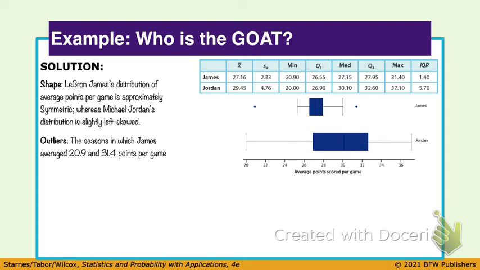All right, what about the center? When you're using box plots, you're going to want to definitely use the median because it's clearly marked for you. Why not use it? So what do you guys notice about the medians between these two guys? What do you guys notice about that?